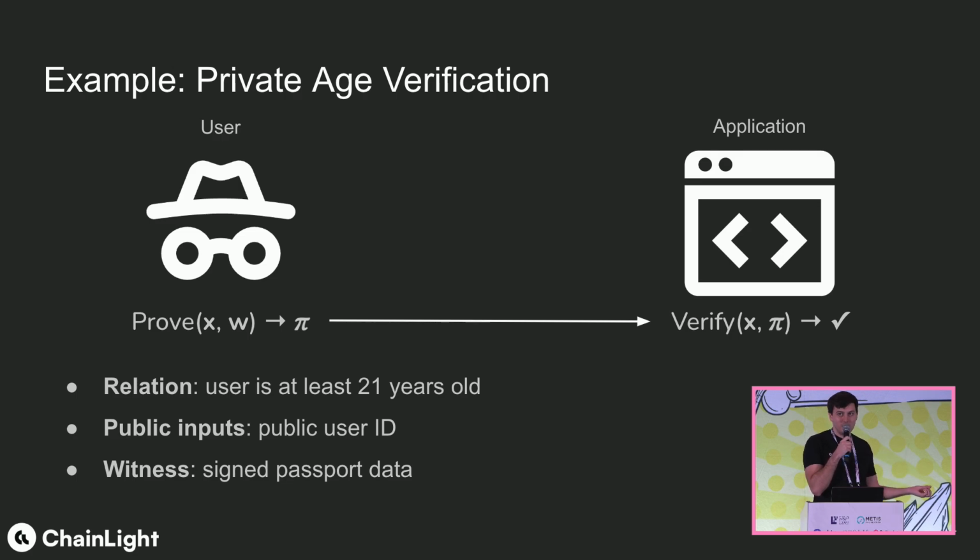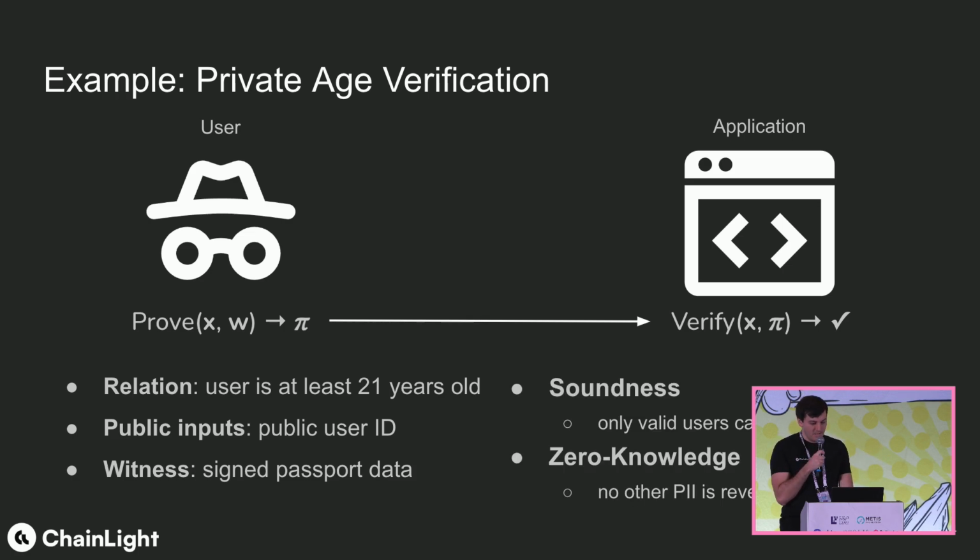For example, a passport contains an NFC chip that transmits a signed payload attesting to a bunch of facts about your identity, and you can verify that in a zero-knowledge proof and withhold all of the sensitive information about you except for the fact that you're over 21. Here, soundness guarantees that only users that actually have this signed attestation can authenticate to your application, and zero-knowledge protects the user from revealing information about themselves that they don't want to reveal.